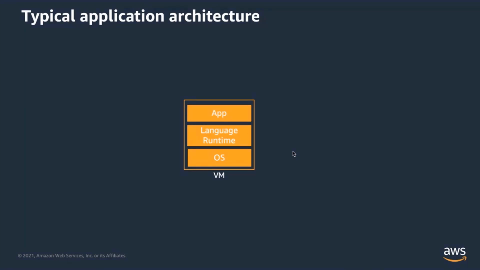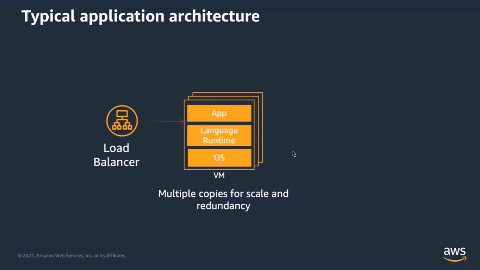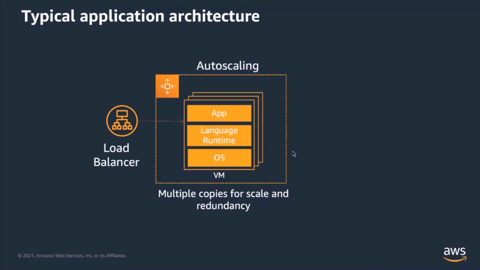Now, if you're running this at production scale, you're probably not running just a single copy of this. You're running multiple copies of the stack for scale and redundancy, which means you have to front it with the load balancer, you have to put an autoscaling group around it, and you probably have some kind of CI/CD pipeline to push changes and updates to this application.